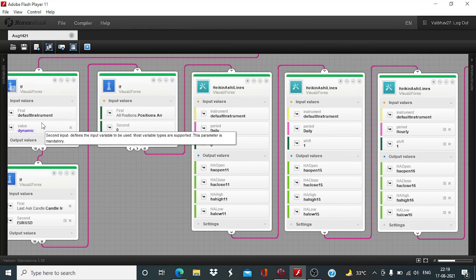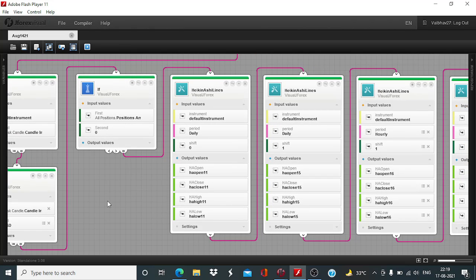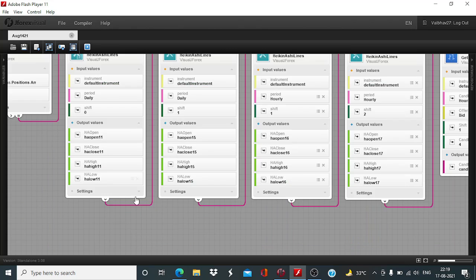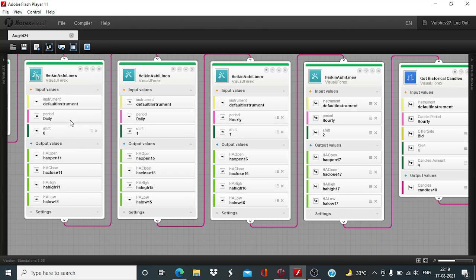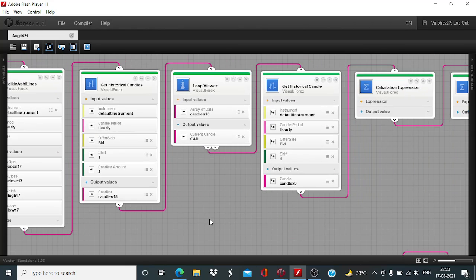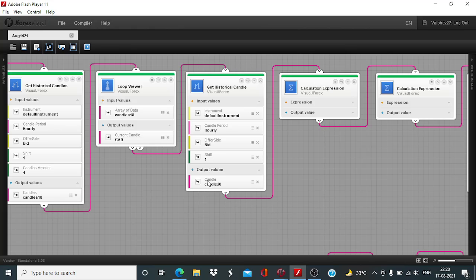The development so far includes this default instrument subscription, where the EUR/USD is being considered as the default instrument. The position amount was defined at 0. After that, these Heikin Ashi lines blocks, the first 2 of daily candle period and the latter 2 of hourly candle period, have been added to define the conditions for the execution of the trade. To look at the price volatility, we are also taking this cluster of 4 candles of the hourly candle period, and also the last hourly candle is being considered.